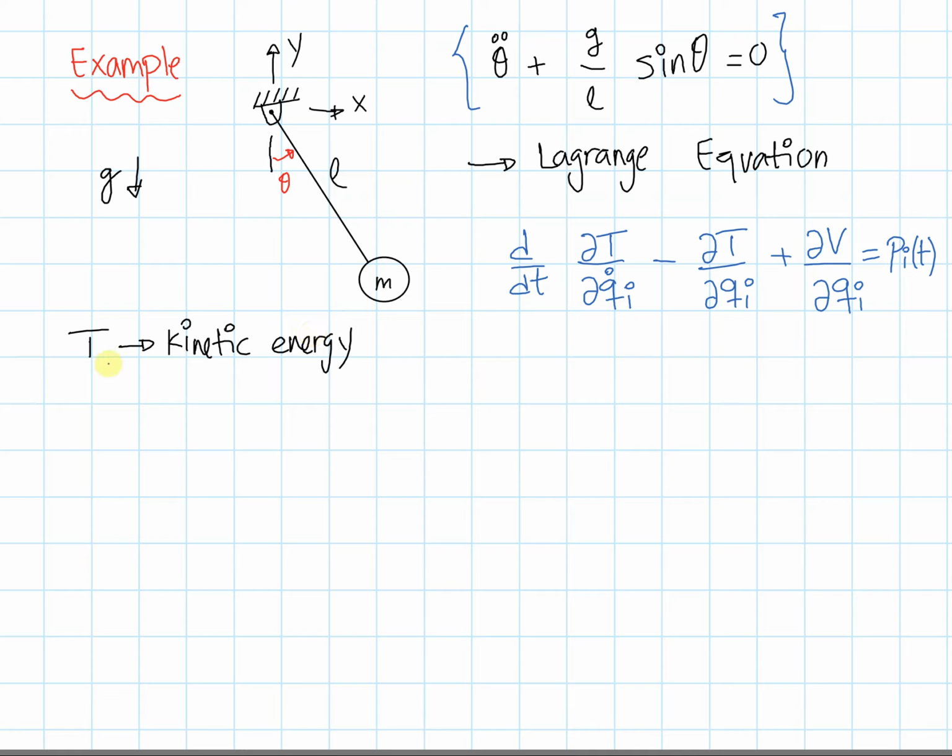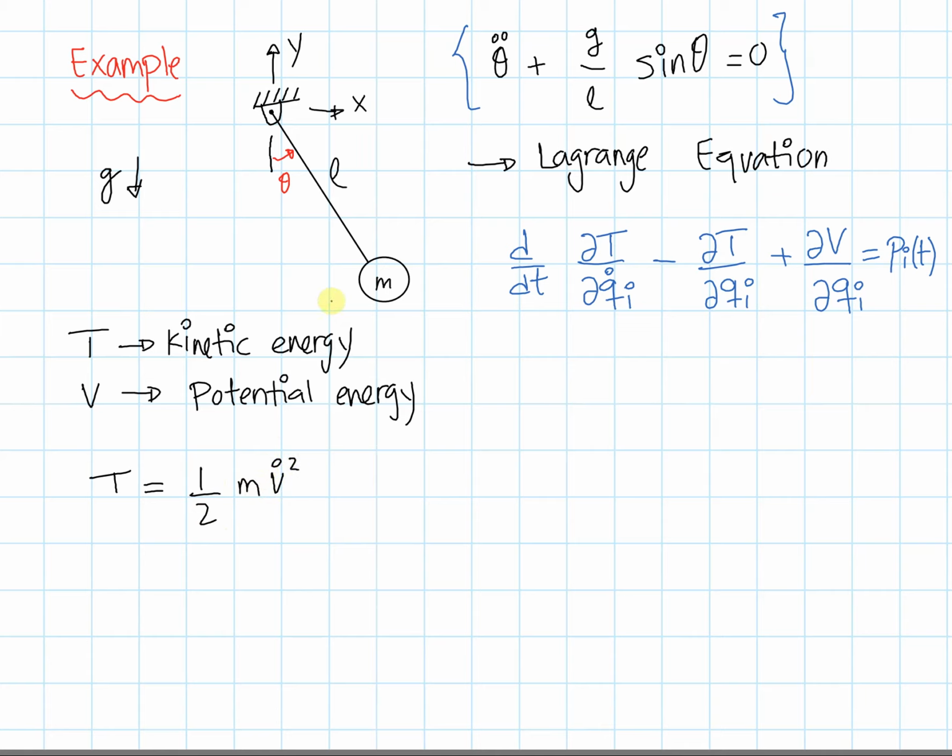And V is potential energy. So the equation for the kinetic energy, if we remember correctly, is 1/2 mass times velocity squared.